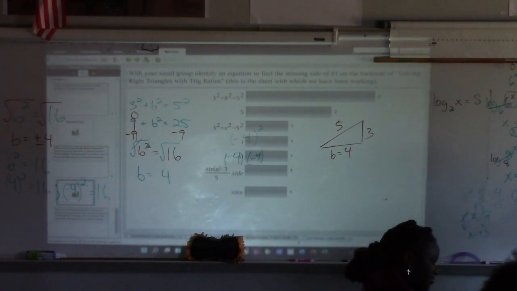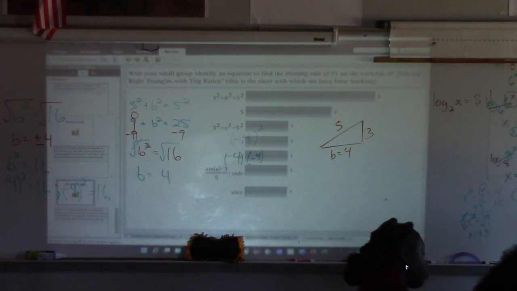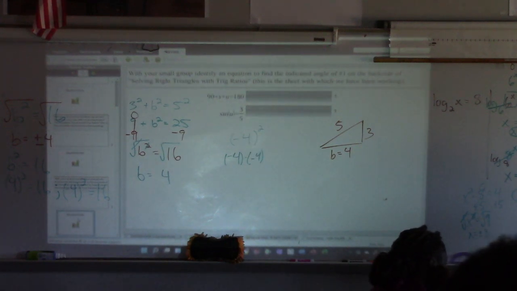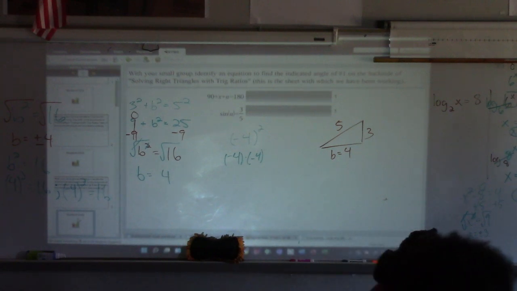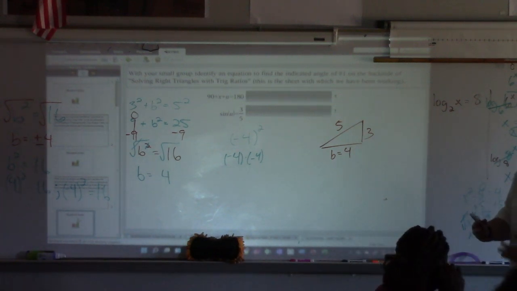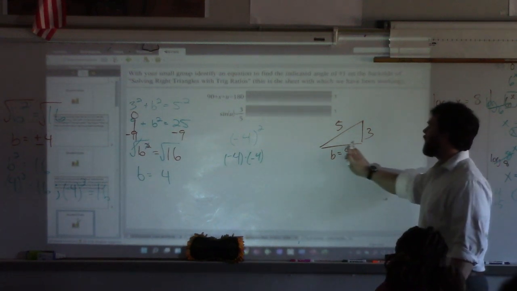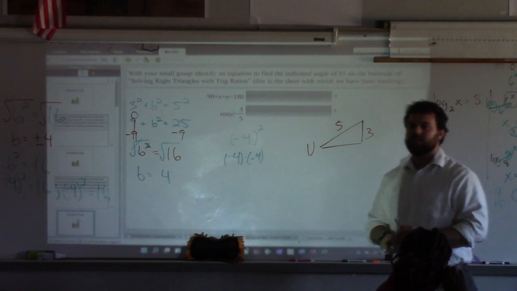Are we all good with how we figured out that Pythagorean theorem? Now, this next question is where actually most of us jump to, although apparently we didn't get there. When solving, or with your small group, identify an equation to find the indicated angle of number 1. I believe on that number 1, this was u, wasn't it?